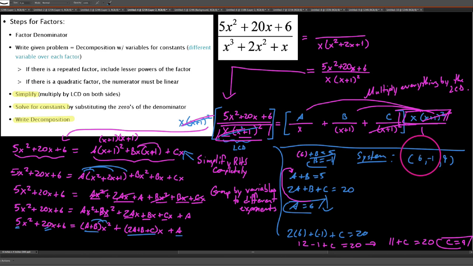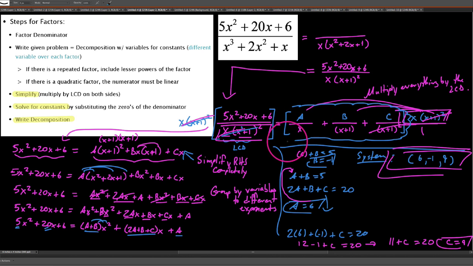We say 9. So I'll put big fireworks around this, because here's the deal. In the beginning, what we did was we rewrote this as the partial fraction decomposition, this statement right here. And what we were basically admitting was that this original fraction could be rewritten as these three fractions added together, where we split up the factors of the original denominator into their own fractions. But what we were looking for were the values of a, b, and c.